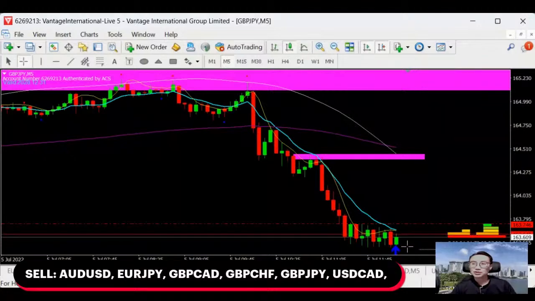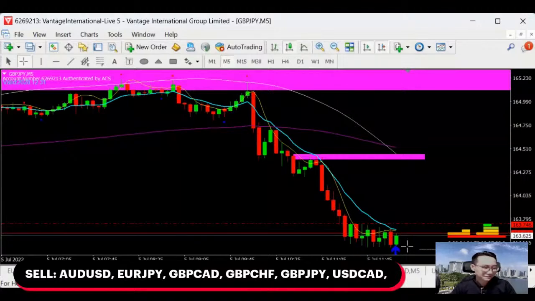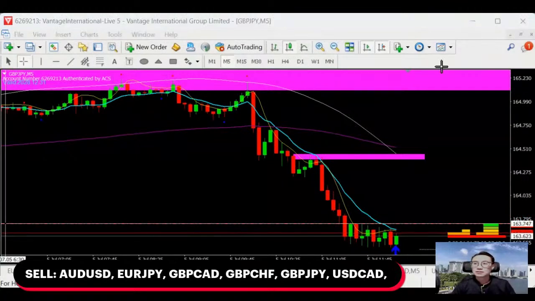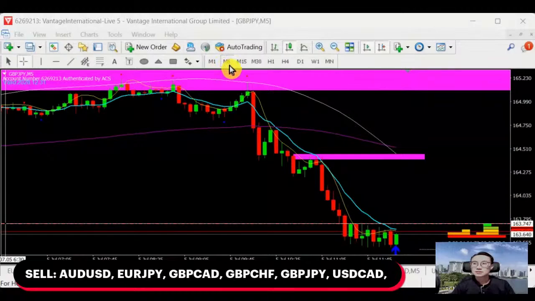After this last push, I will still see about a maximum of 10 to 15 pips.